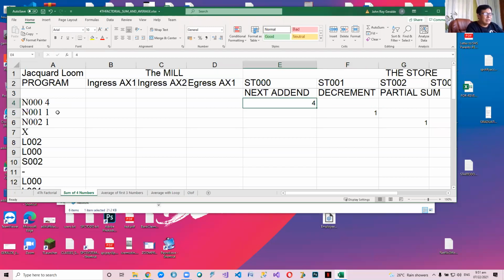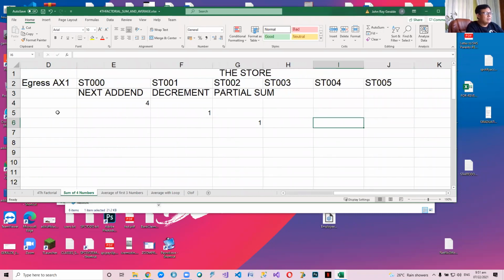For example, if our current addend is 4, the next addend is 4 minus 1, which becomes 3. Currently our partial sum is 1. The final answer will be in S002, the 002 of the store. We don't have any other variables used.